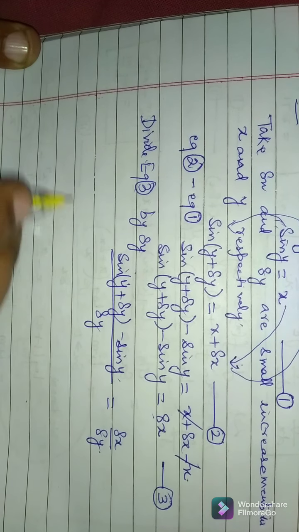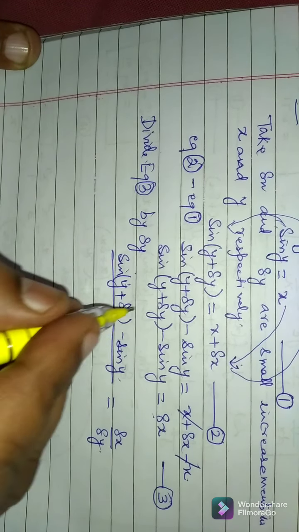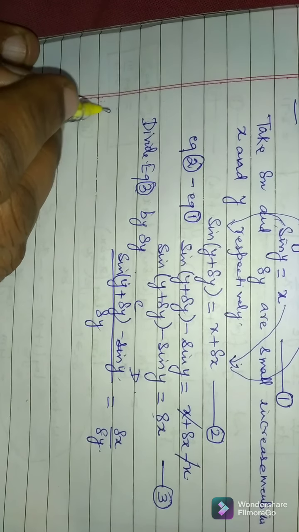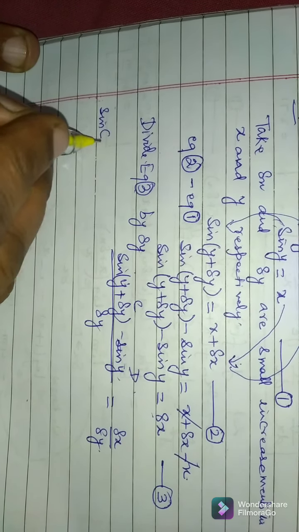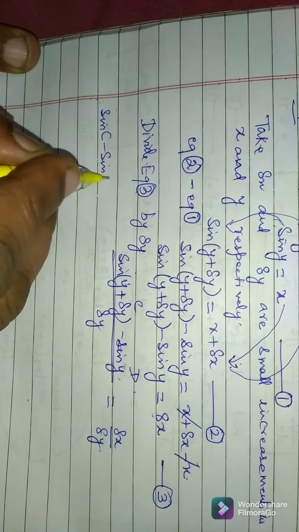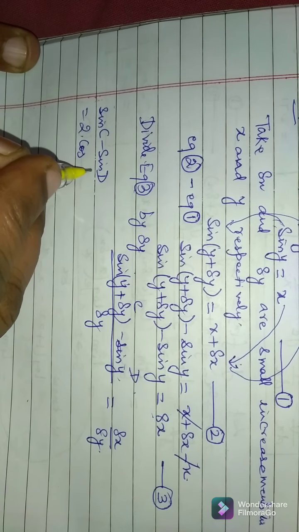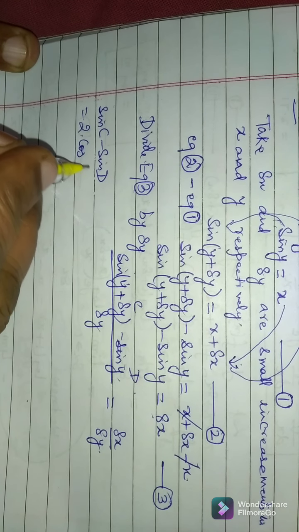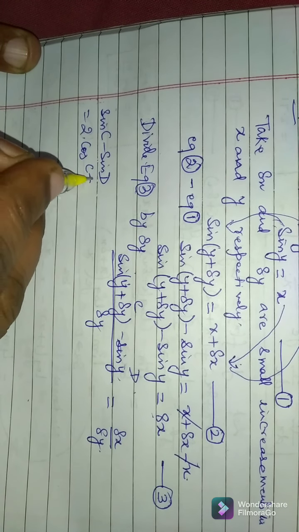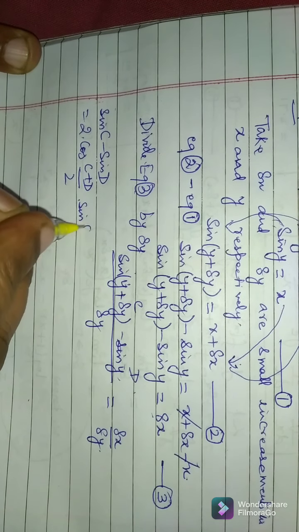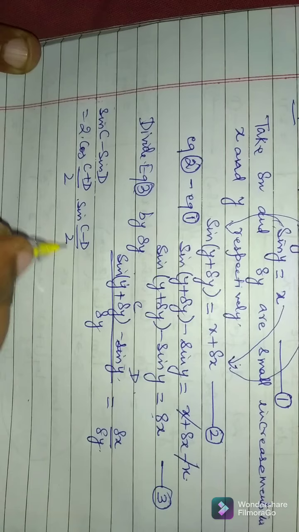Now this is in the form of sine c minus sine d, and as you know, sine c minus sine d is equal to twice cos of c plus d by 2 into sine of c minus d by 2.